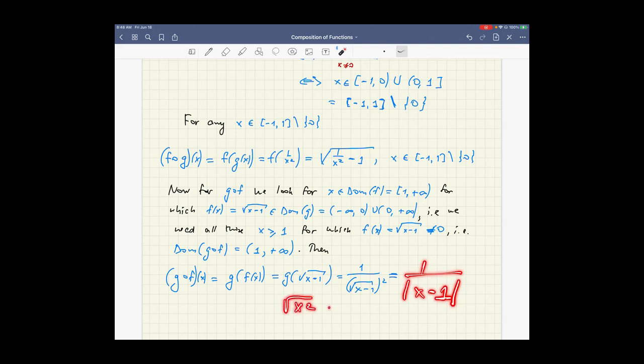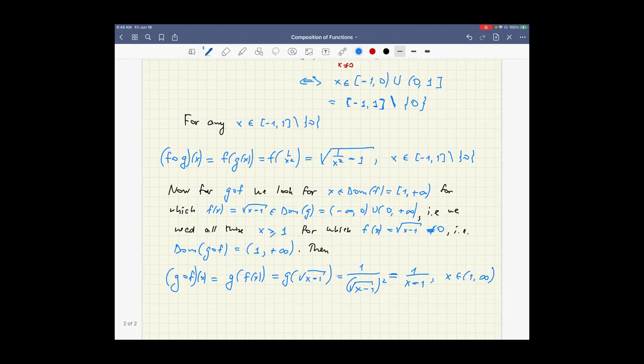Square root of x squared is absolute value of x. But when you square the square root of x, it's simply x because x here is always non-negative. It's under the square root. So I end up with 1 over x minus 1. Here x is in (1, infinity).